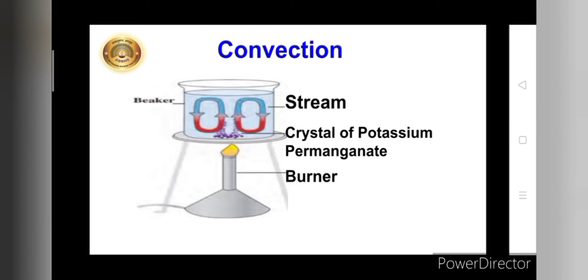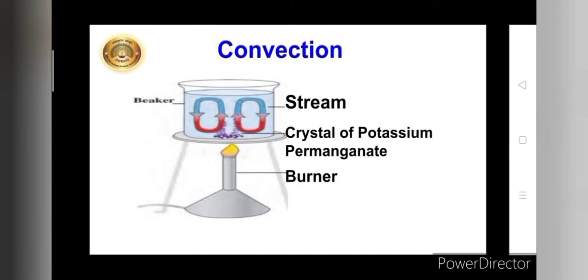These crystals dissolve slowly and form a purple colored solution around themselves. Heat the water at the bottom of the beaker by keeping a burner below it, and observe the movement of this hot water, which has been colored purple by dissolved potassium permanganate crystals.